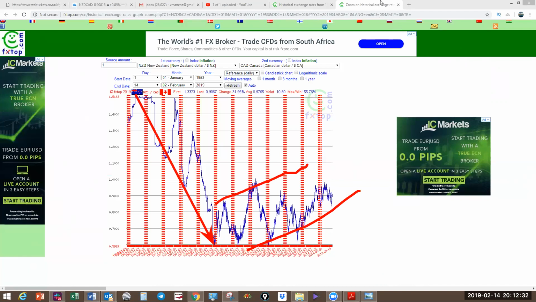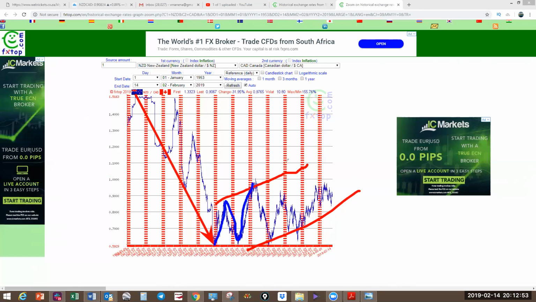Okay, it's a bit of a tricky one here. If you look here in the beginning, this one breaks the low here. 1, 2, 3. Let's have a look again.